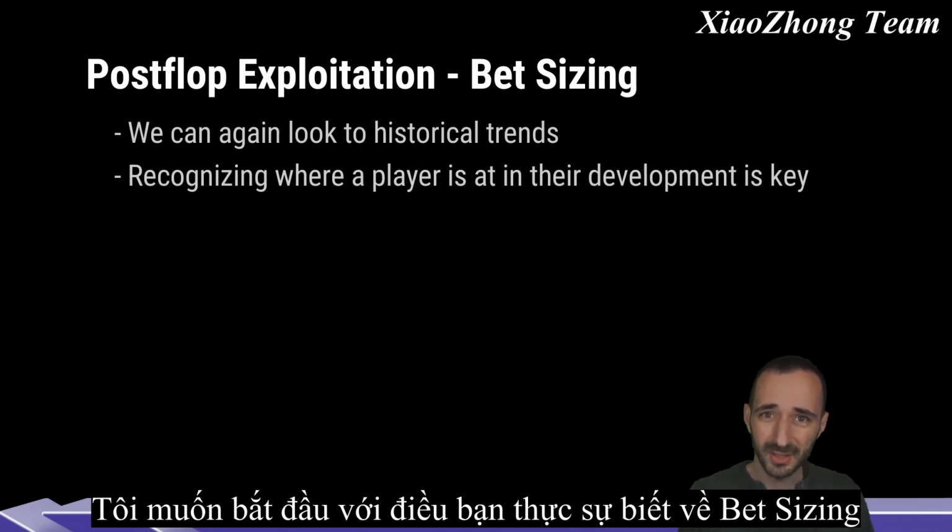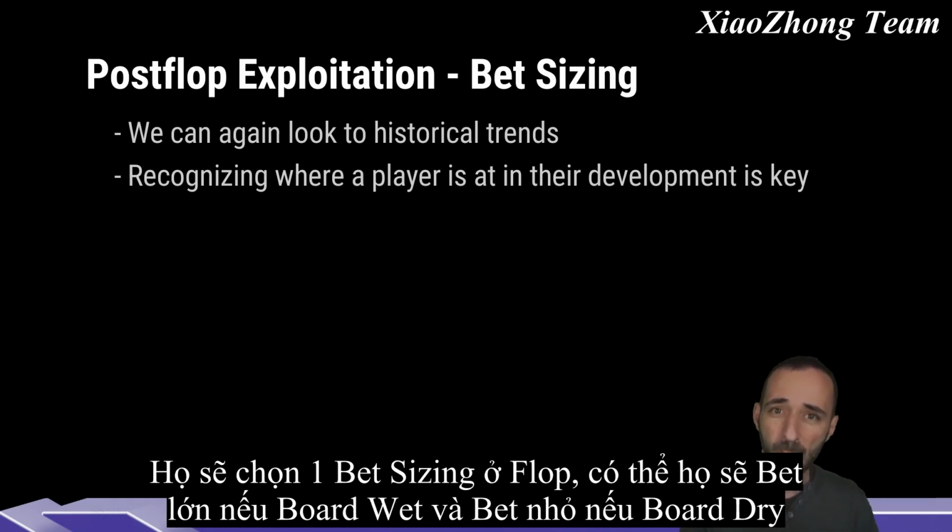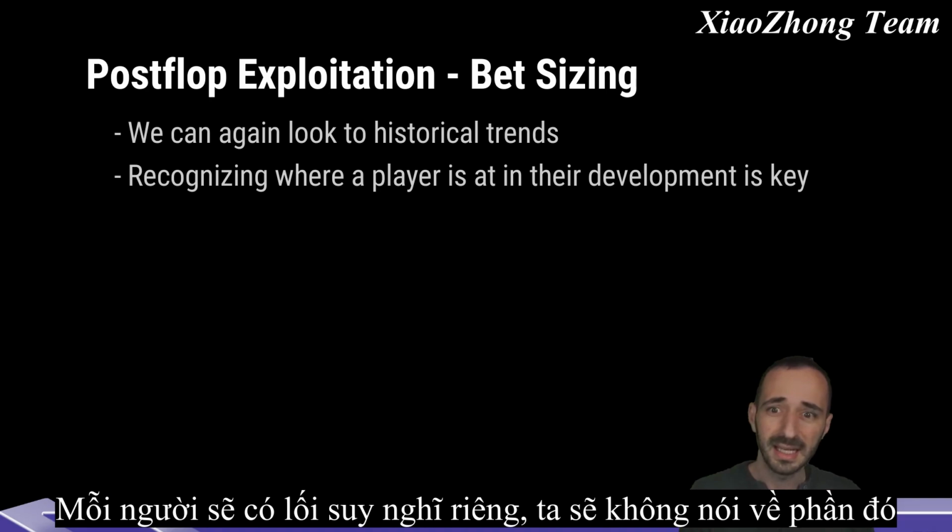So I want to start out with: what do you really know about bet sizing? Here you can divide players into a few different types. Some guys don't really know much about bet sizing, so they will wing a bet size on a flop, maybe make it bigger if the board is wetter and smaller if it's drier, each with his own thought process.